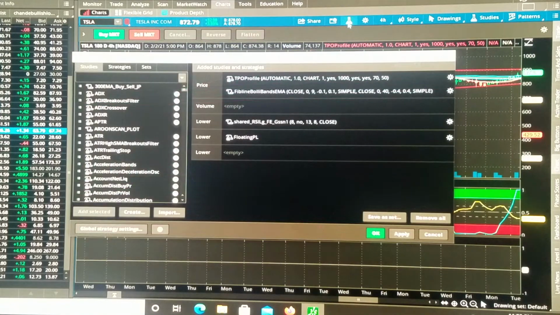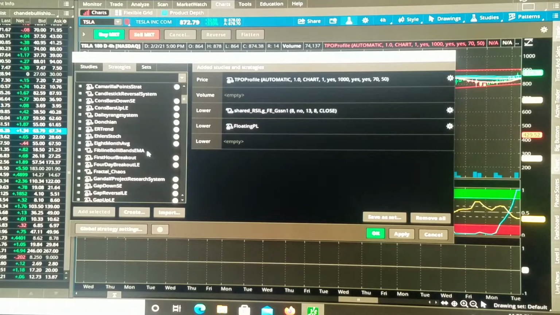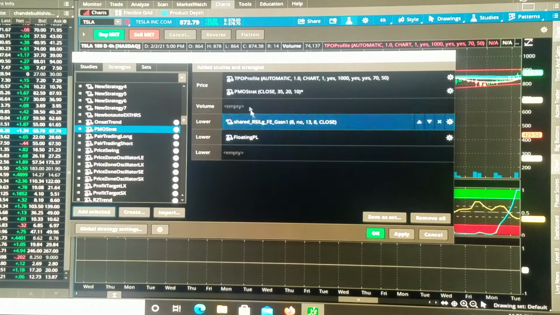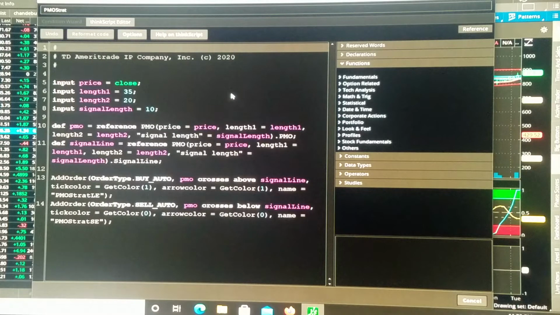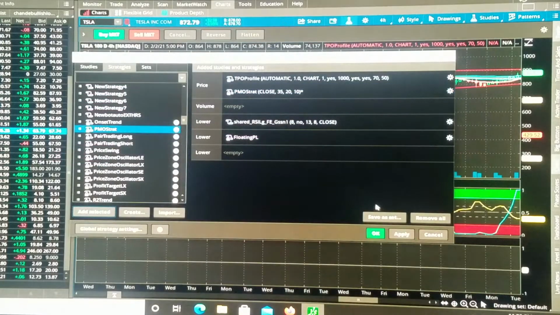Let's see if there's anything new that I haven't really. Onset trend, PMO strategy. What is this? Another nice simple piece of code.